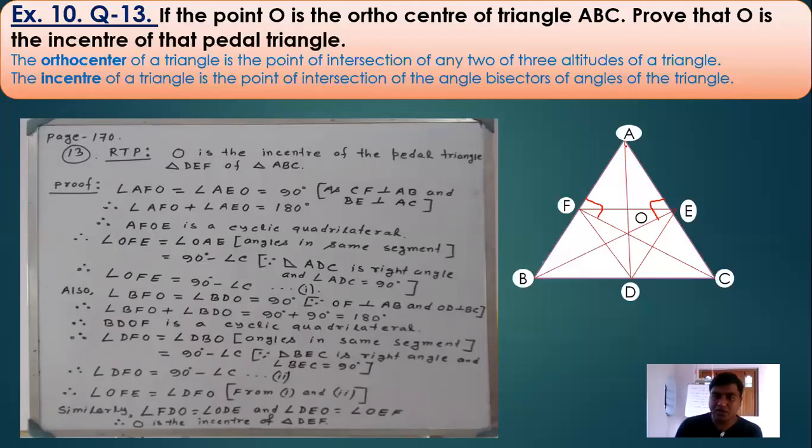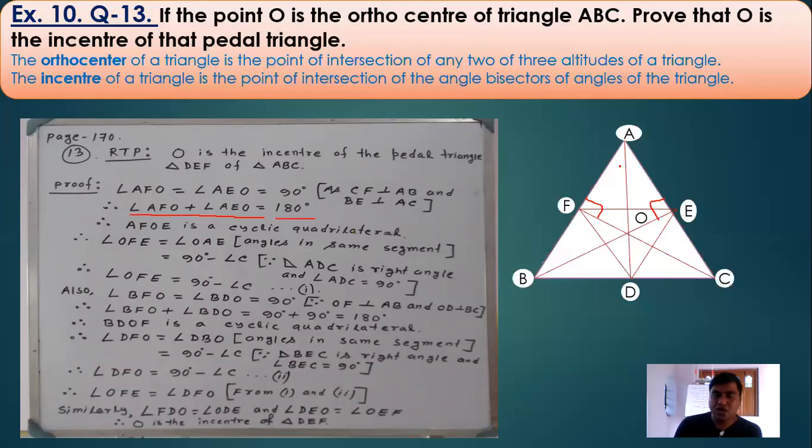So therefore AFOE is a quadrilateral, and the sum of these two angles, angle AFO plus angle AEO, is equal to 90 plus 90, which is 180 degrees.